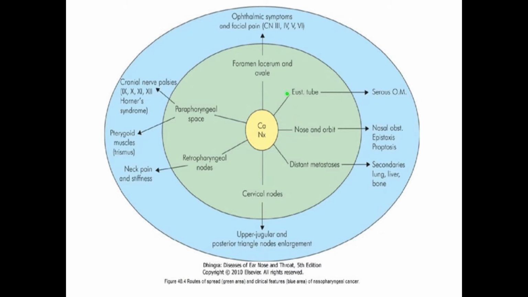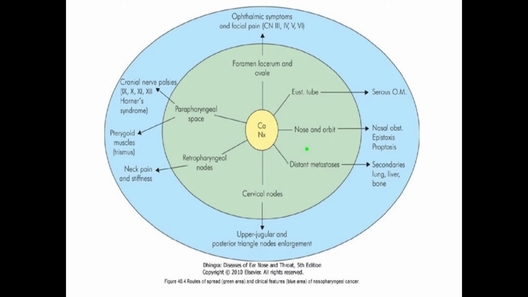This diagram shows how the tumor from the nasopharynx invade the adjacent structures. If it invades laterally to the eustachian tube and cause blockage of the eustachian tube, it then manifests as serous otitis media. So the symptom will be tinnitus, conductive hearing loss.